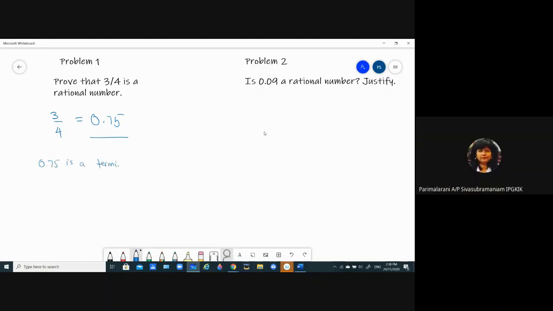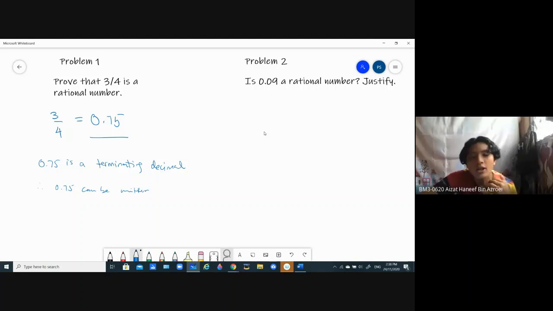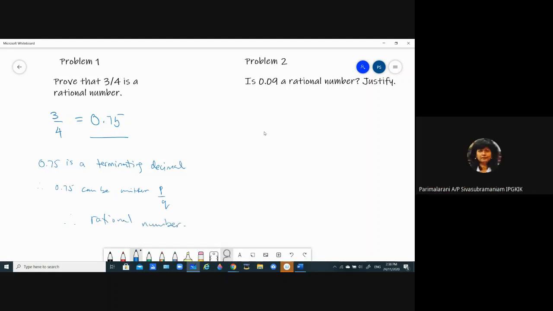Yes, it is a terminating decimal. Because it is a terminating decimal, 0.75 can be written as a fraction p over q. Therefore, it is a rational number. That is how we prove whether a fraction is a rational number or not.